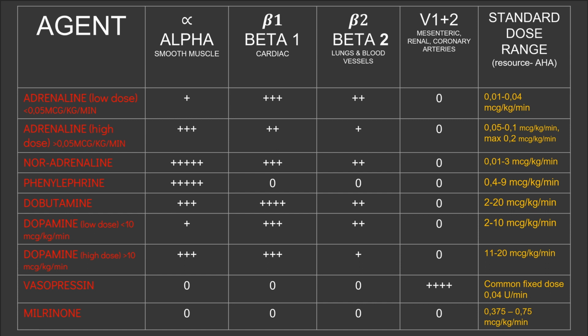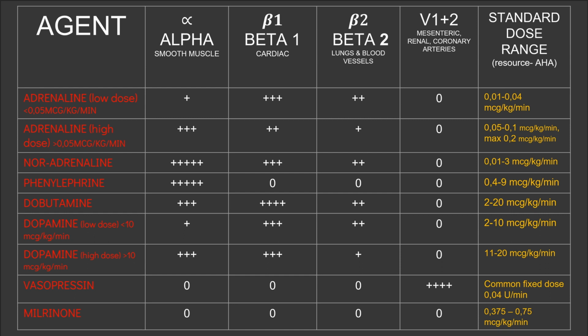It also has beta 1 and beta 2, nothing on the V1 and V2, and the standard dose is around 0.01 to 3 mics. So it has much higher doses allowed of noradrenaline, but 3 mics is at the threshold there.